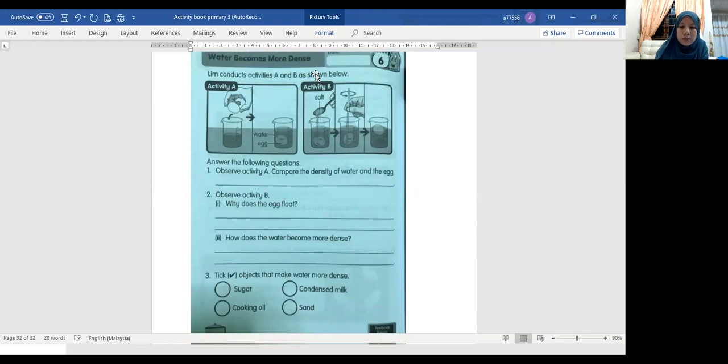I give you one minute to complete the question here, activity A and B. Then teacher will discuss the answer. Try to complete the question. Read the question carefully. I give you 1 minute only. Try to read first so that you can understand more when I teach you.